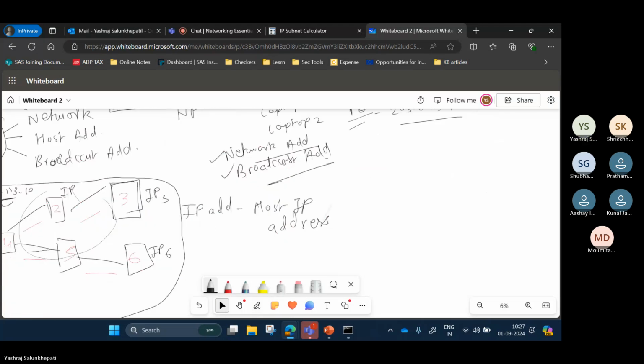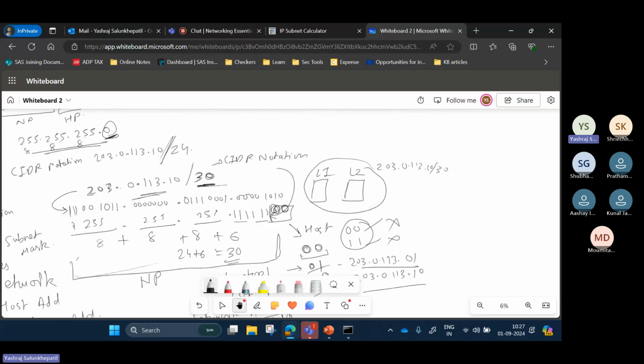So now let's go back to the previous example. Every network has a network address and a broadcast address. और जो बचे कुछ एड्रेसेस हैं, those are host addresses.